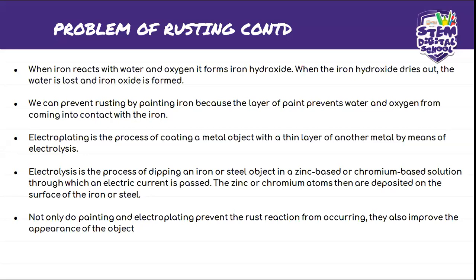Okay. So we said electroplating is the process of coating a metal object with a thin layer of another metal by means of electrolysis.